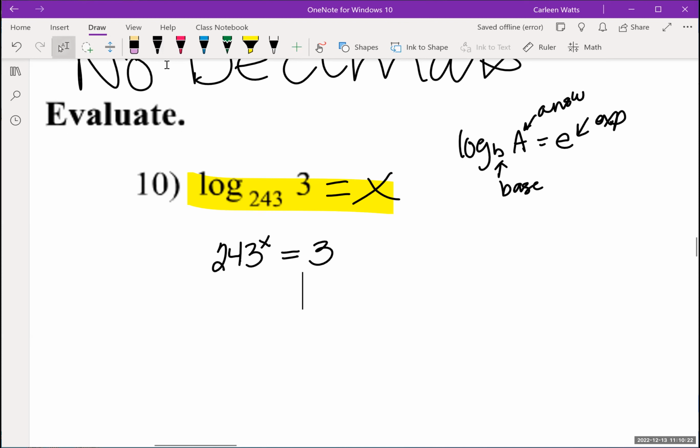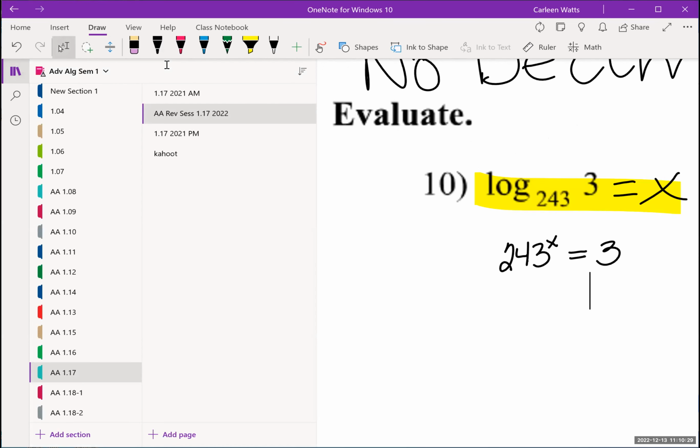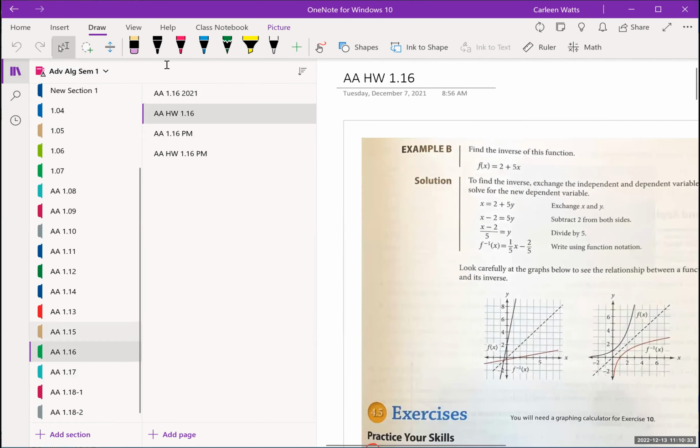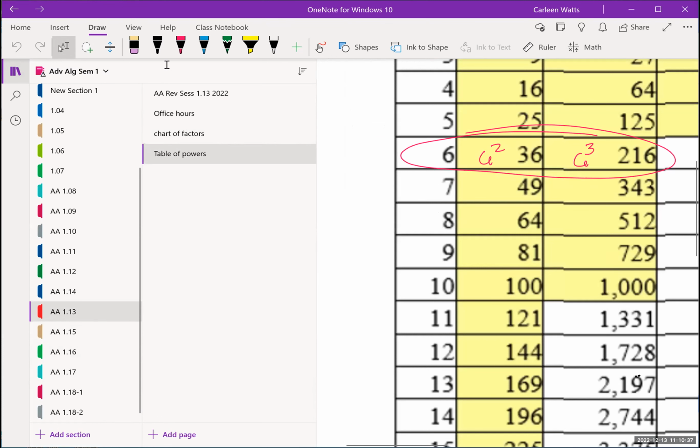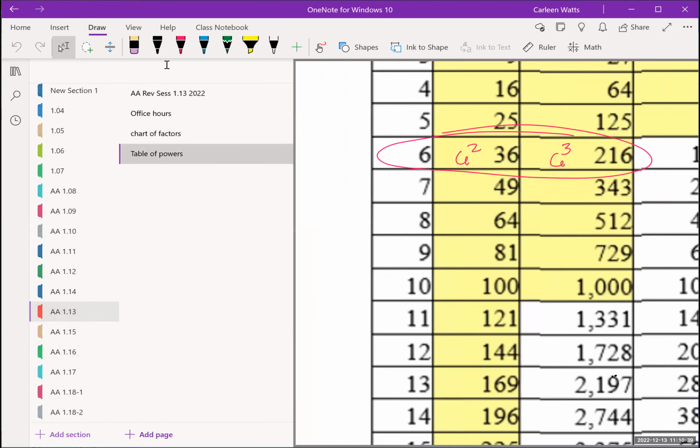Now, next, let's look at the table of powers.